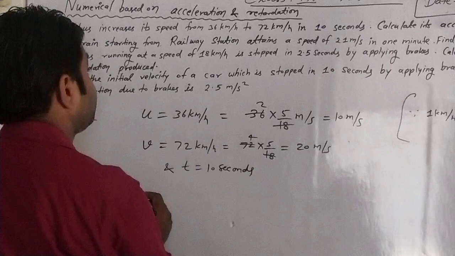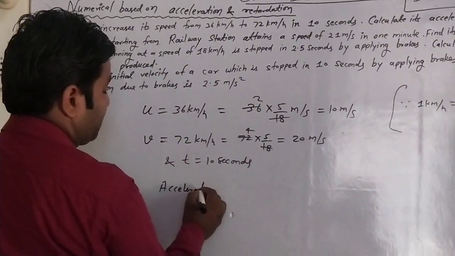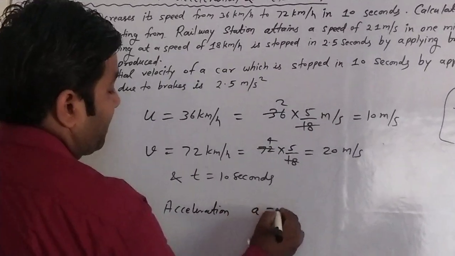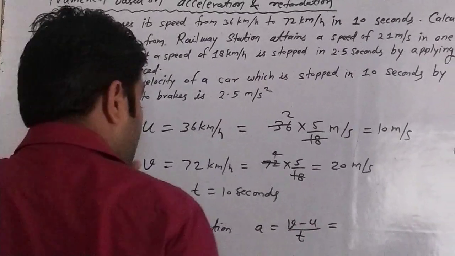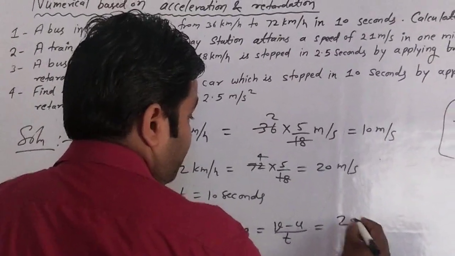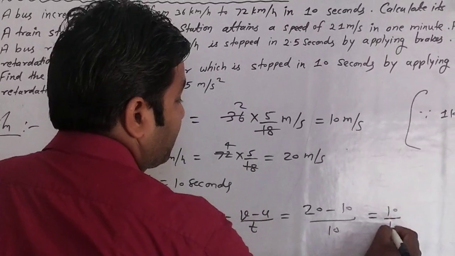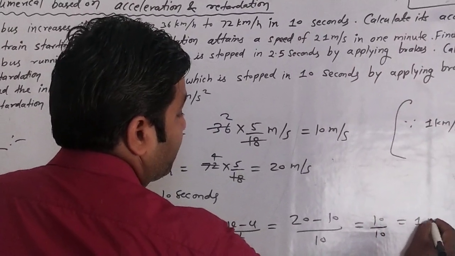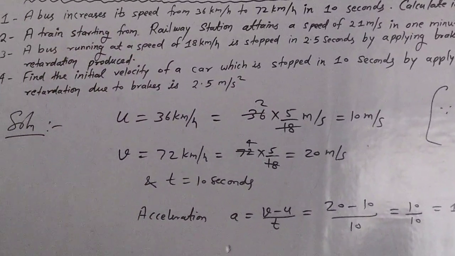Then acceleration: a is equal to v minus u upon t. It is equal to v 20 and u 10 upon time 10. That is 10 upon 10, equal to 1 meter per second square. This is the value of acceleration.